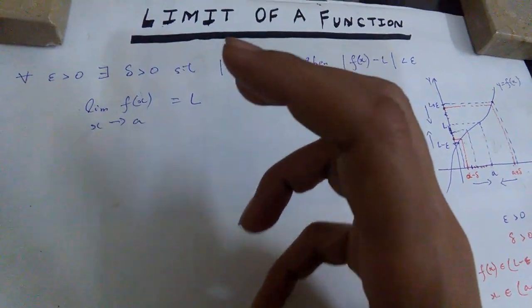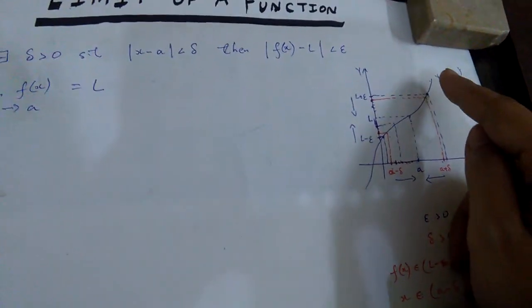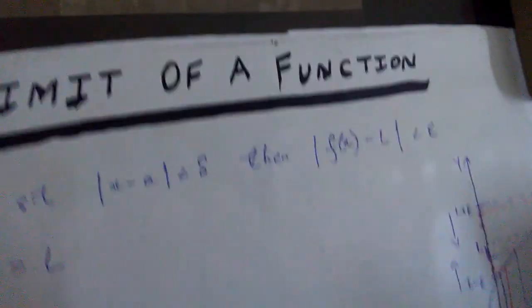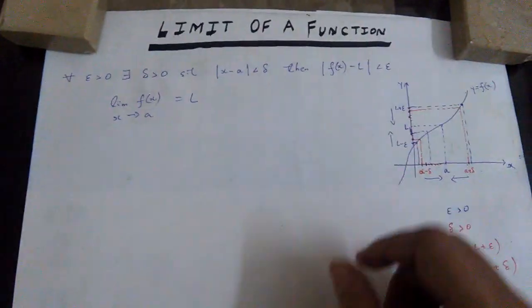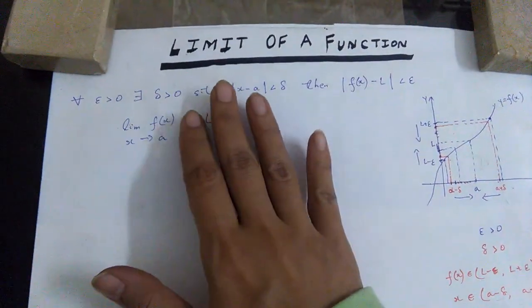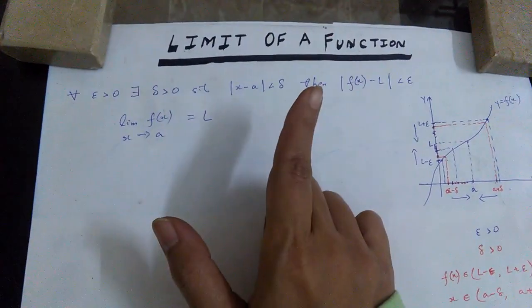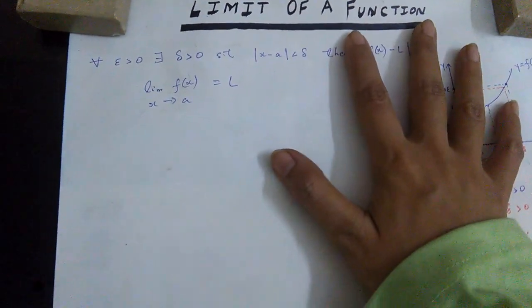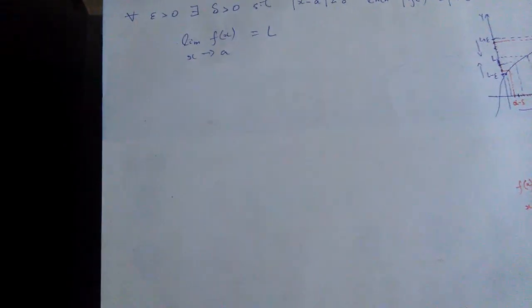So it depends on the nature of your function, what kind of function we are handling. If the function satisfies the situation over here, then definitely the limit is going to exist, otherwise not. Okay, we are going to understand the same concept by picking up an example here.